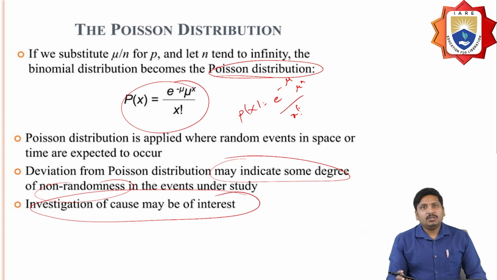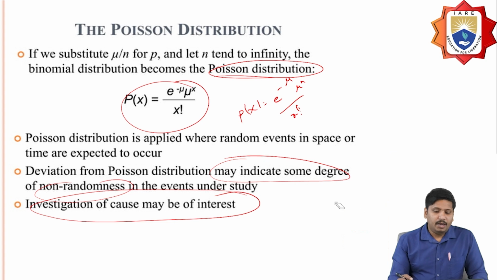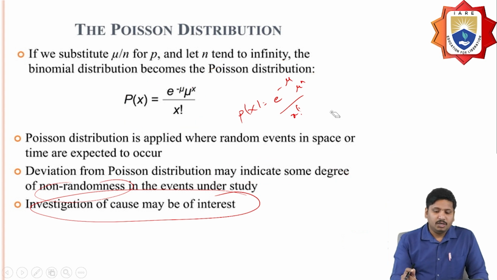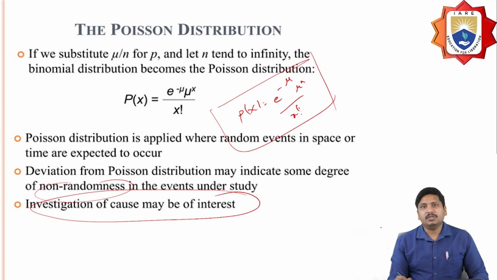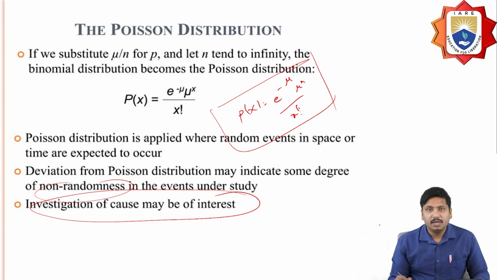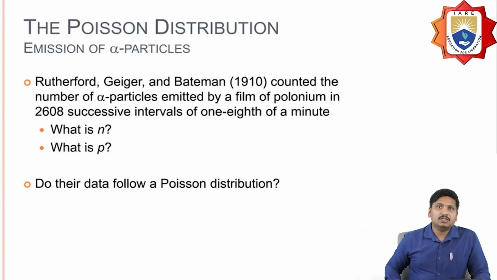The binomial distribution becomes the Poisson distribution, given by p of x equal to e power minus mu into mu power x by x factorial. Normally a deviation from the Poisson distribution indicates some nonrandomness, and an investigation of the cause may create interest.